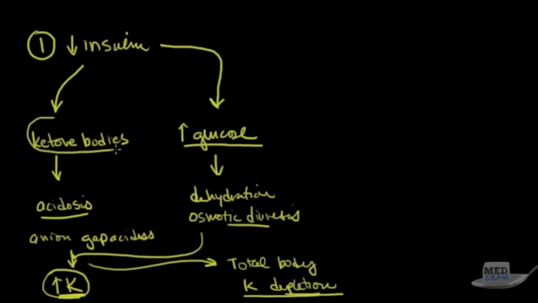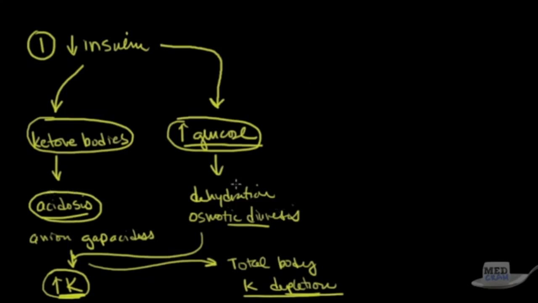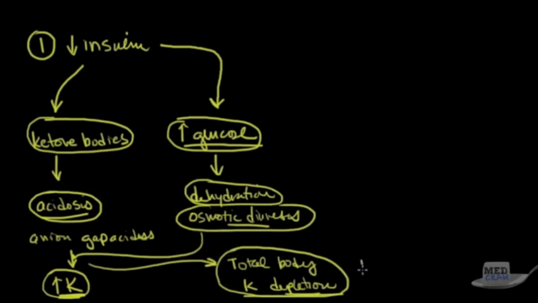So what have we seen here? We've seen ketone bodies, we've seen hyperglycemia, we've seen acidosis, we've seen dehydration, we've seen osmotic diuresis, and we've seen total body potassium depletion. And along that you can also put total body phosphate depletion as well. Now the dehydration can lead to increased creatinine because of renal failure.